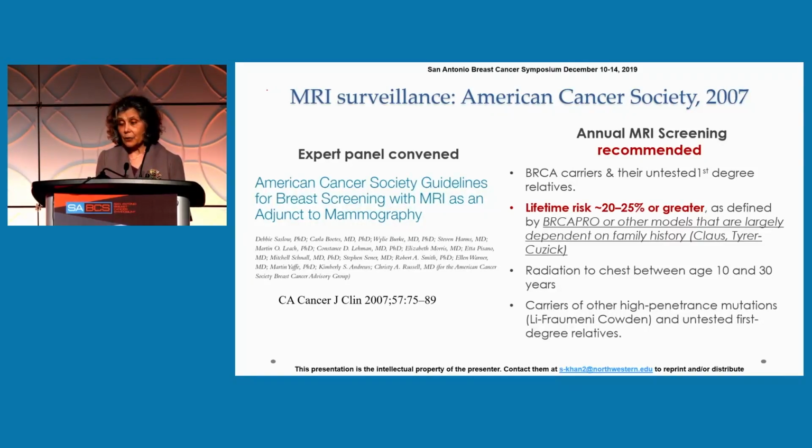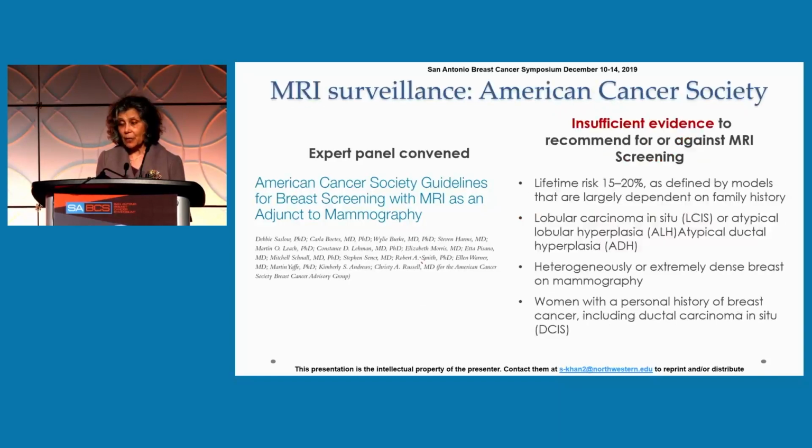And so that is something that has continued into the present. At the time, the expert panel felt that there was insufficient evidence to recommend for or against MRI screening in these several high-risk groups that are listed here.